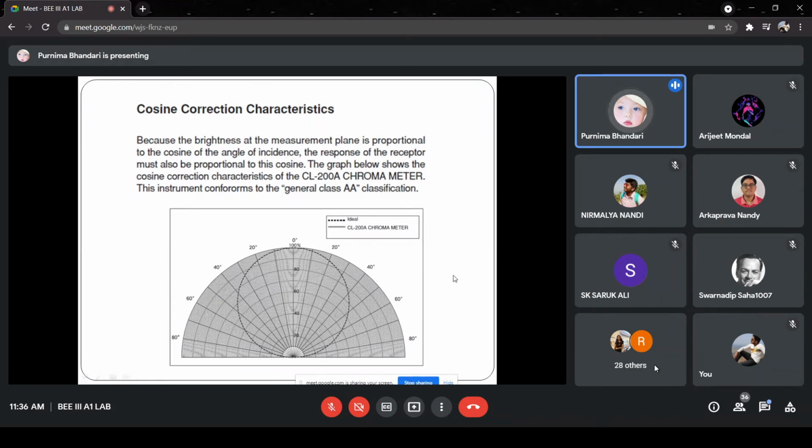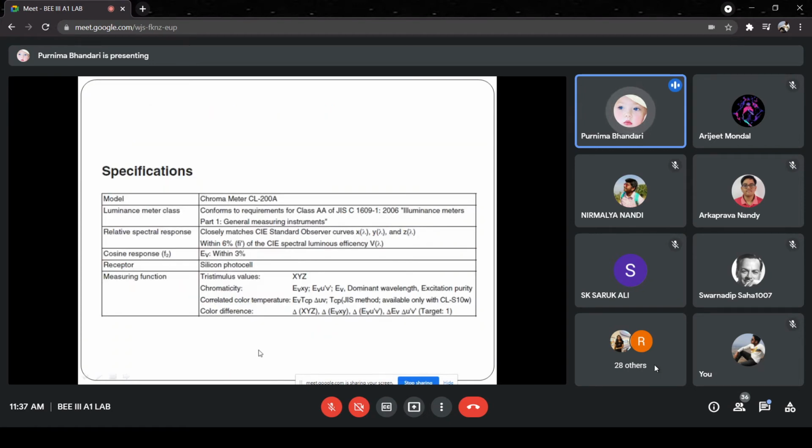We are not going into the details. It is needed for any sensor because the illuminance varies as I equal to I theta, with cos theta. If the light is coming from a different direction, the intensity will vary with the cos theta curve. That's why we need a filter for cos theta correction, or cosine correction.